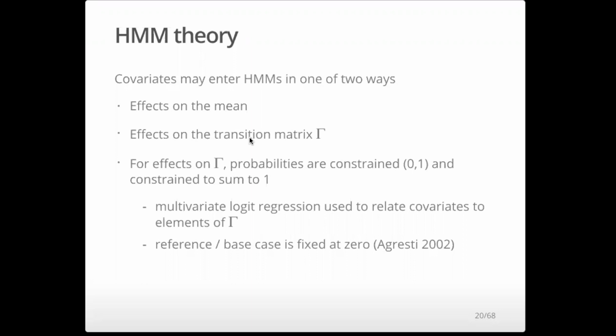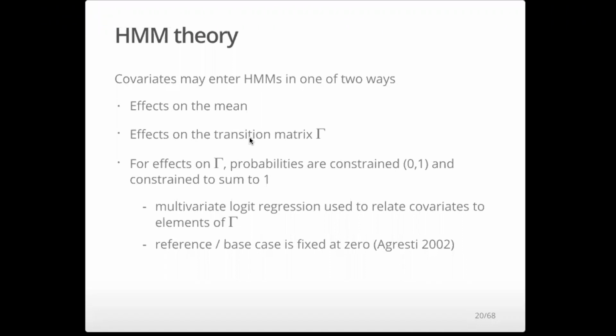Including covariates on gamma is a little bit challenging because there's a couple of nasty constraints on gamma. One is that because these are probabilities, all of the elements obviously have to be between 0 and 1. And second, there's these weird constraints: if we think about each row of gamma, it has to be normalized to sum to 1.